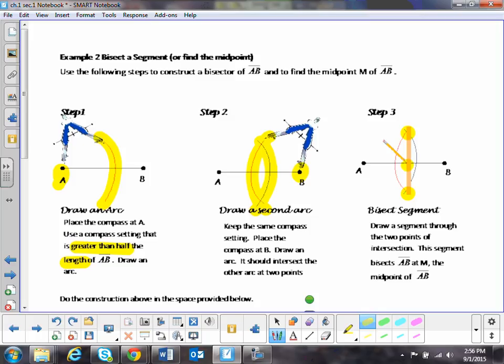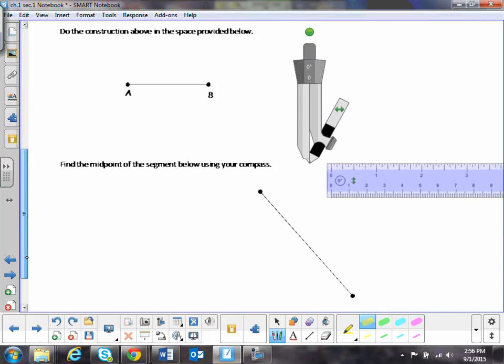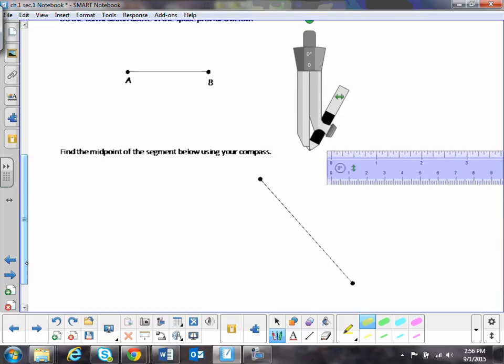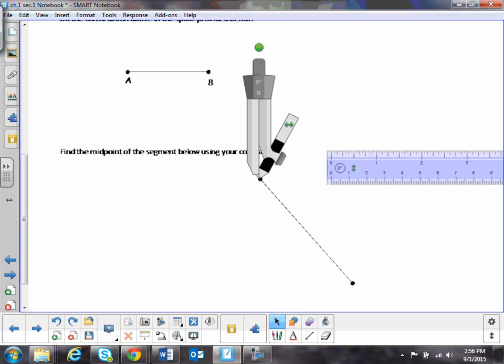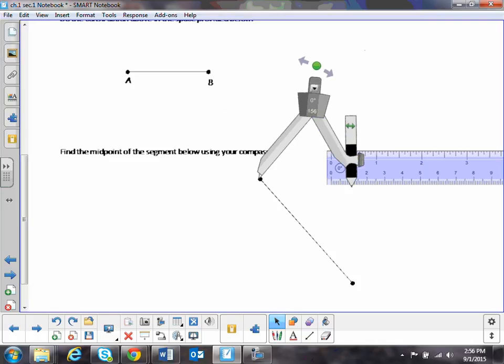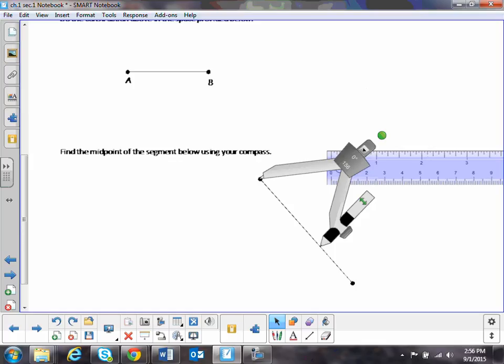Okay, so let's practice that right there. Let's place our compass on one of the endpoints, and then make sure your compass is more than halfway.